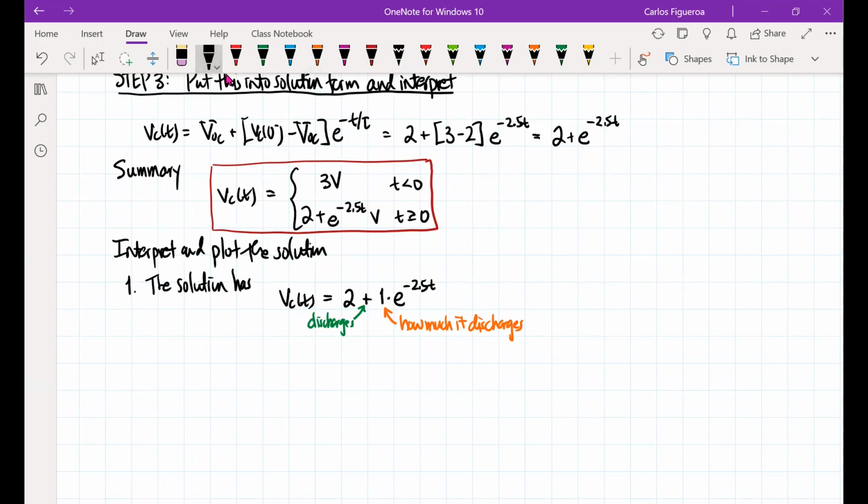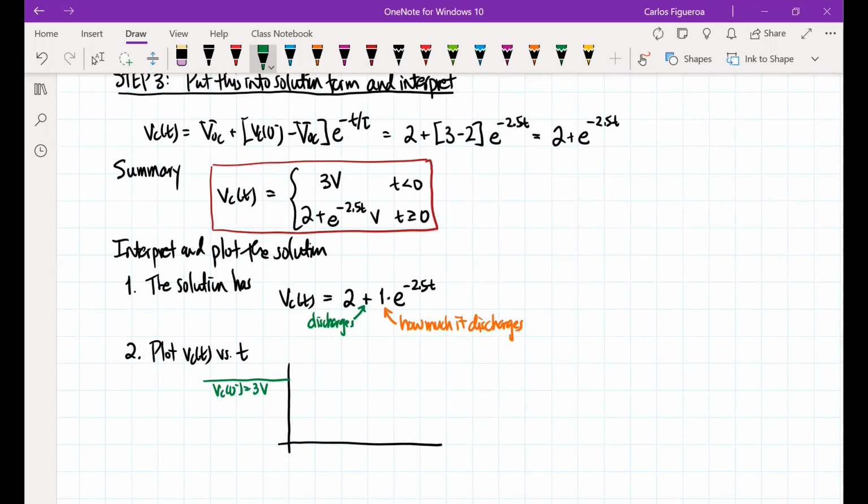To show you what I mean by that, let's plot this. So now we're going to plot VC of t versus t. If I look at my curve, it looks something like this. I know that VC of 0 minus is 3 volts.